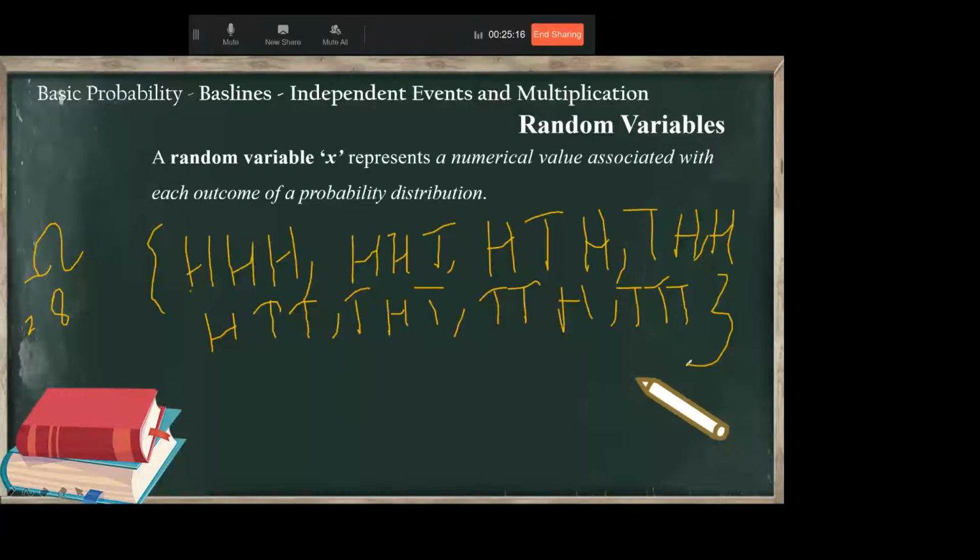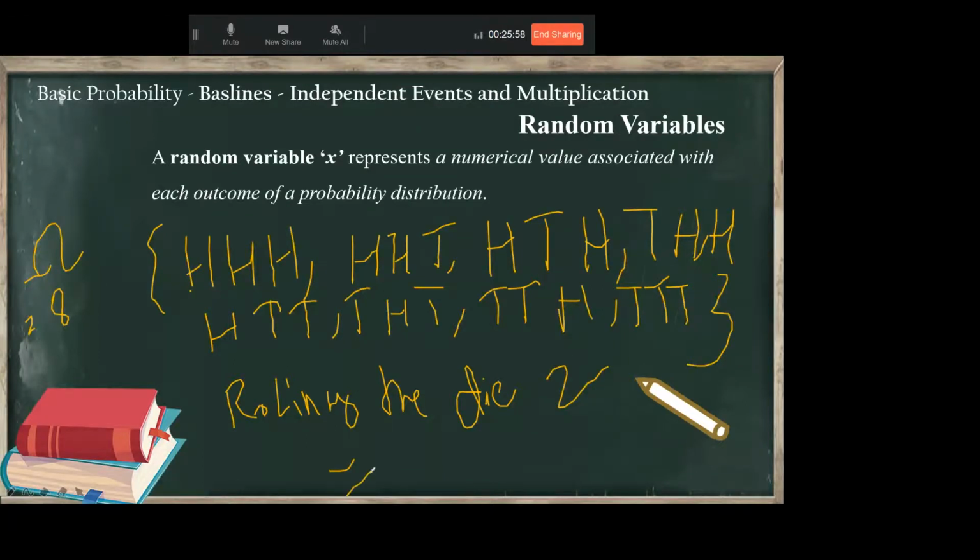Now, the question is, how do we know this? In a coin, how many possible outcomes? Simple, 2, head or tail. So flipping the coin 3 times, we get a sample space of 8. Similarly, if I roll a die 2 times, what is the sample space?